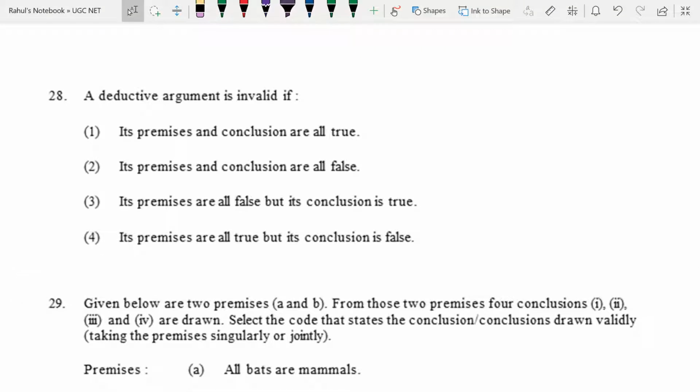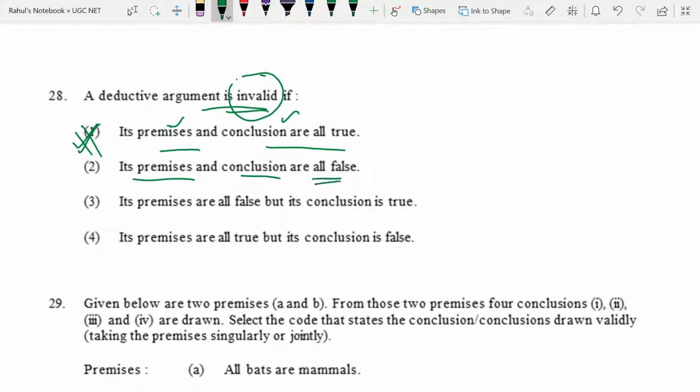The next one is: a deductive argument is invalid if, option A, its premises and conclusion are true. If its premises and conclusion are true, then it is not invalid. It should be valid, but we need to find invalid. Option 2, its premises and conclusion are false. If both are false, we can't say invalid.